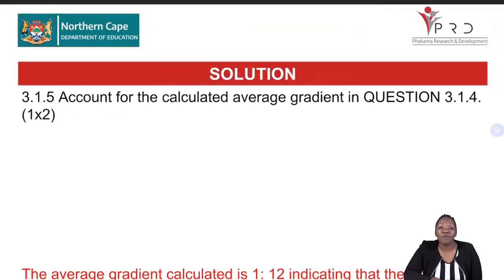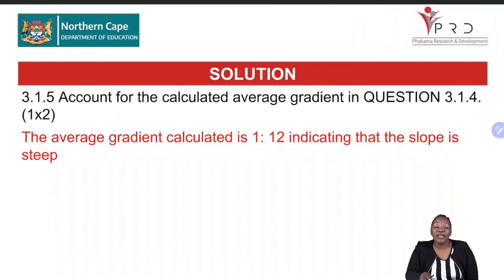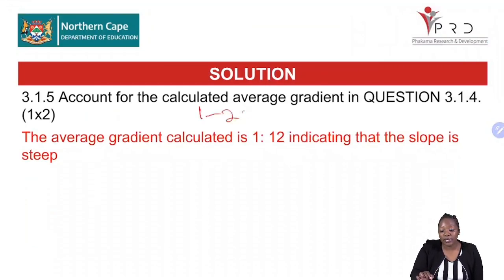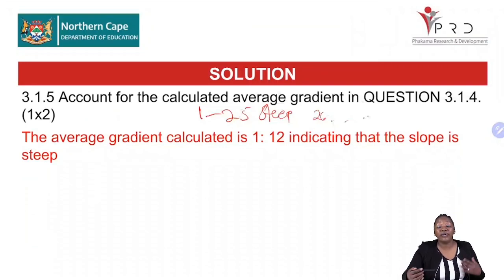Right, looking at our solution there. So when the answer of gradient is between 1 to 25, it means the slope or the area is steep. Should you have 26 upwards, then the slope is gentle. Or if it reaches from 50 to 100 to 200, it is now very gentle. So the answer there, the average gradient calculated is 1 is to 12.